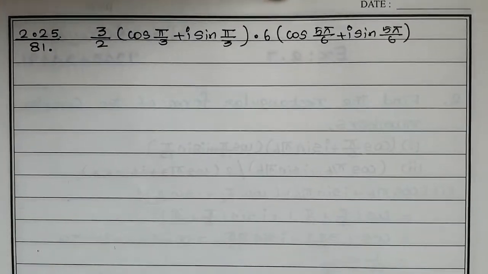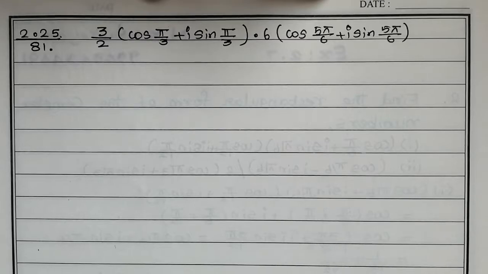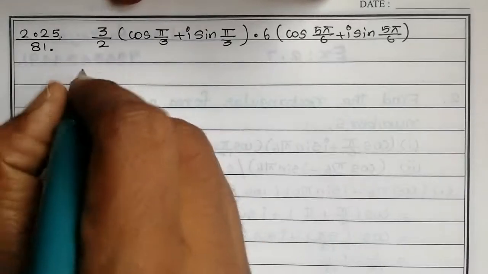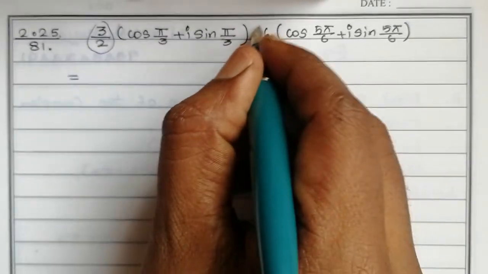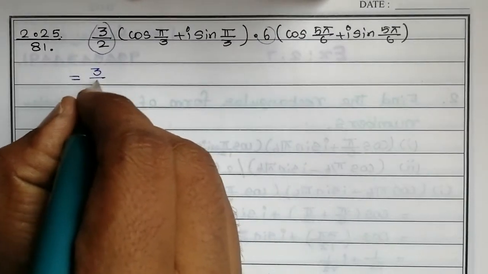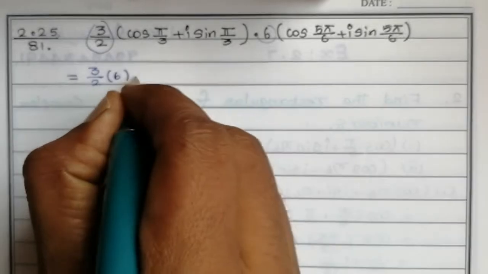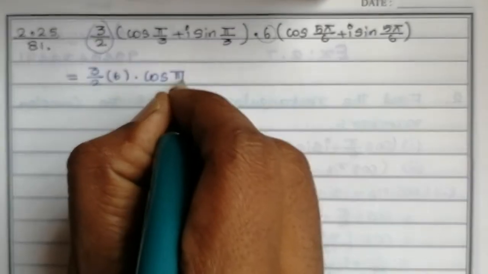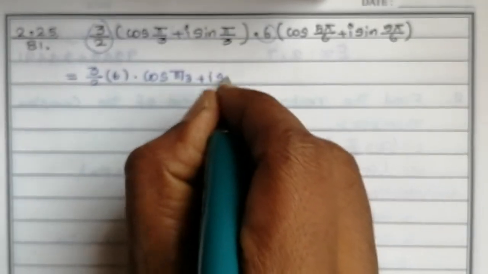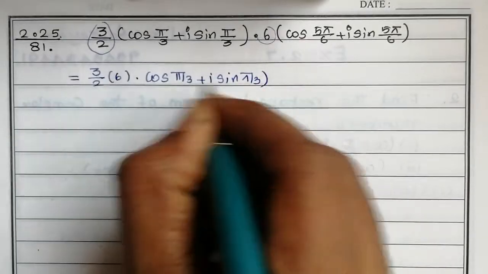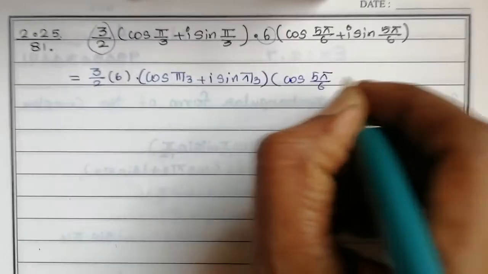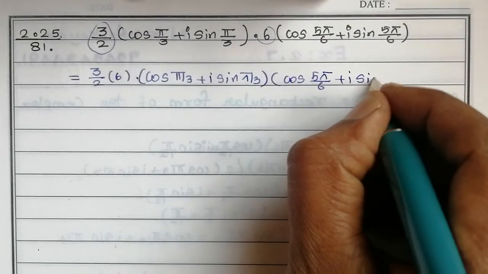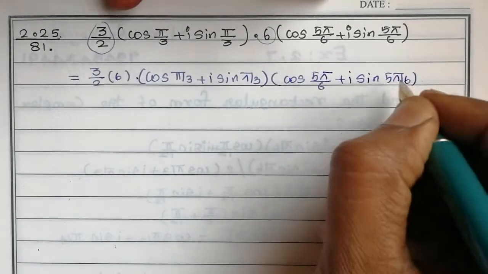First we multiply the moduli, 3 by 2 into 6, then cos pi by 3 plus I sin pi by 3, into cos 5 pi by 6 plus I sin 5 pi by 6.